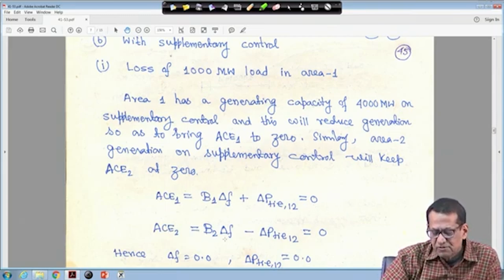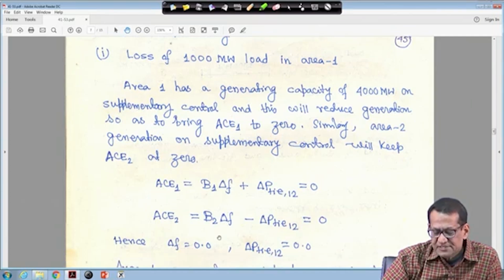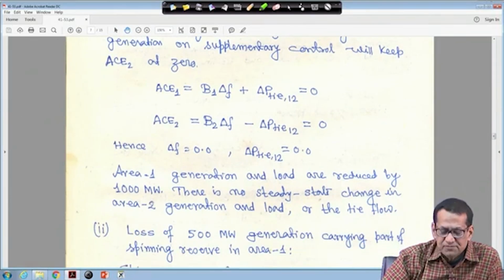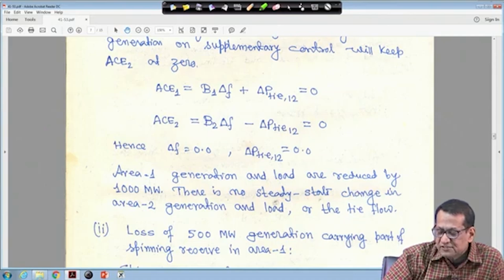AC2 also, B2 delta F, and A12 is minus 1, since we have taken the same area capacity. So, minus delta P tie 12 is equal to 0. Hence, delta F is equal to 0 and delta P tie 12 is 0, right. So, area 1 generation and load are reduced by 1000 megawatt. So, there is no steady state change in area 2 generation, load or the tie flow, right.